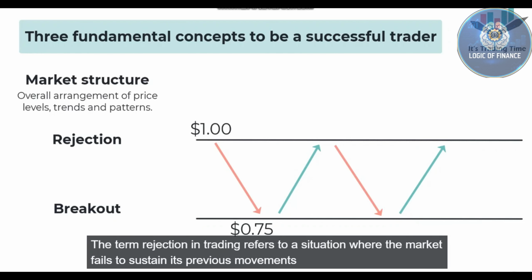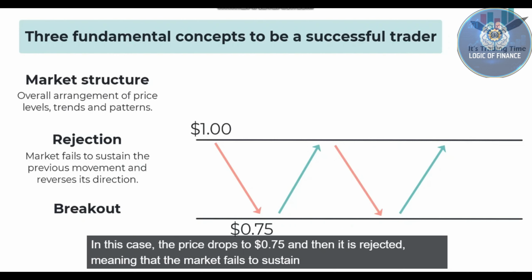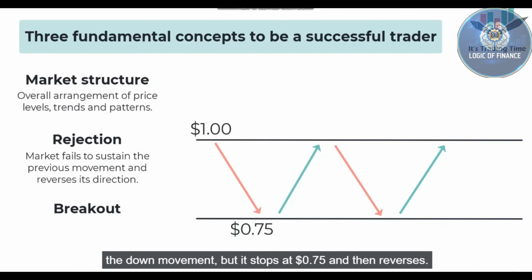The term rejection in trading refers to a situation where the market fails to sustain its previous movement on a specific price level and reverses its direction. In this case, the price drops to 75 cents and then it is rejected, meaning that the market fails to sustain the down movement, but it stops at 75 cents and then reverses.